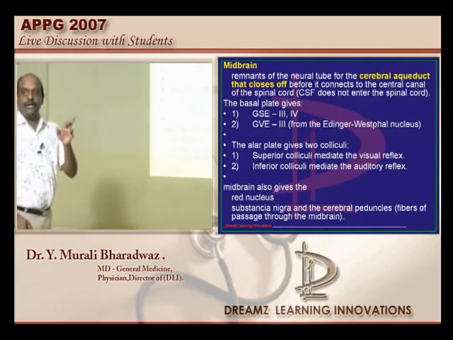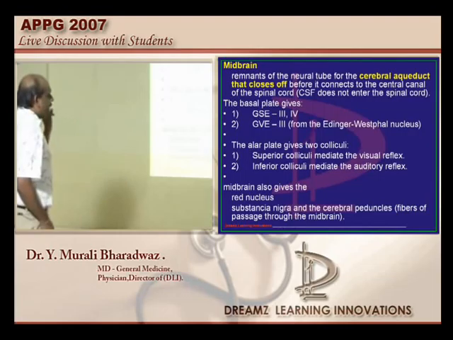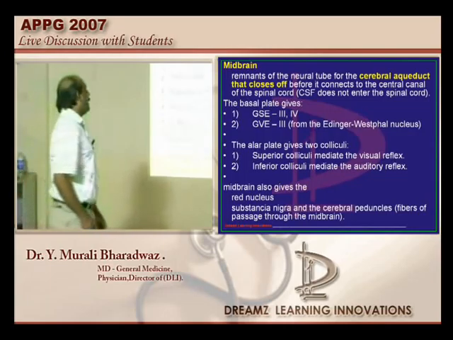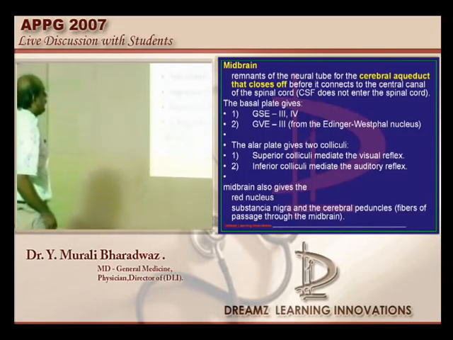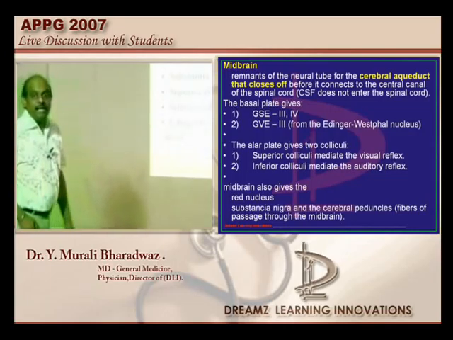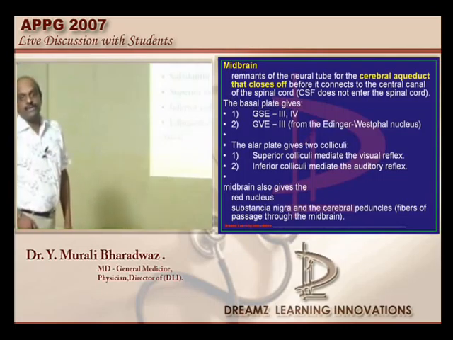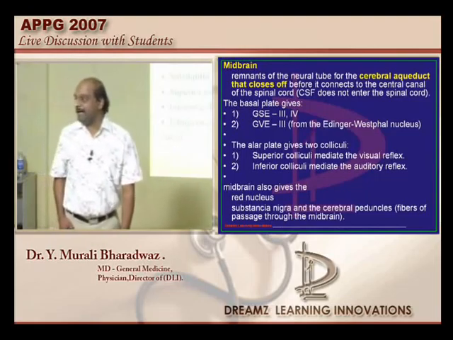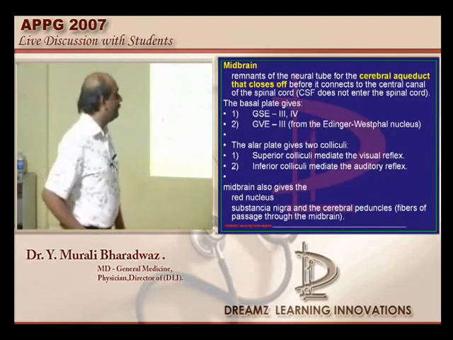Whereas the superior colliculi, inferior colliculi, red nucleus, substantia nigra, they all originate from the alar plate, is what needs to be fundamentally remembered. So the alar lamina is associated with the inferior colliculi, superior colliculi, substantia nigra, whereas the Edinger-Westphal nucleus is associated with the basal plate, but not the alar lamina, is the underlying answer for this question.